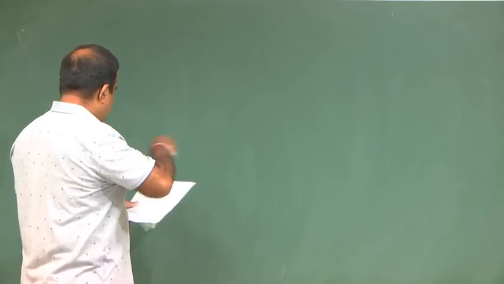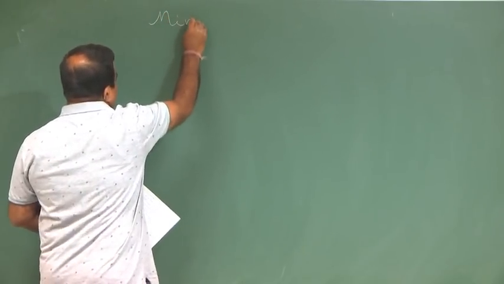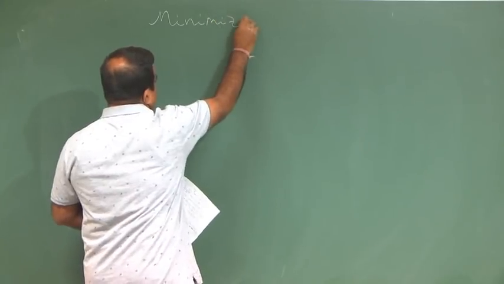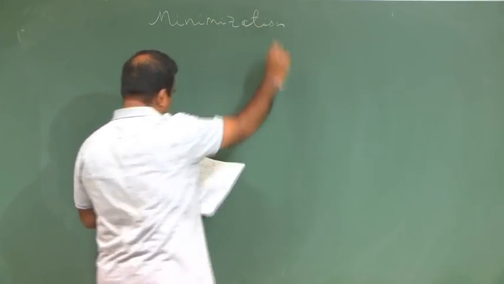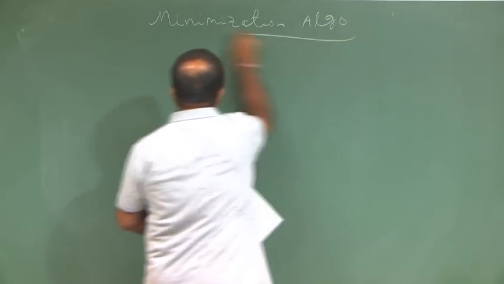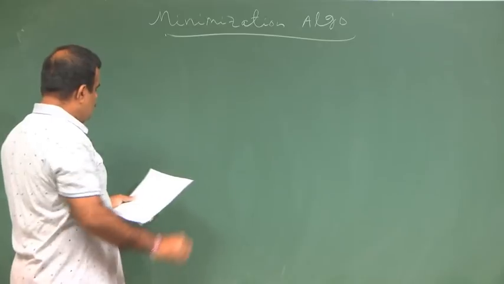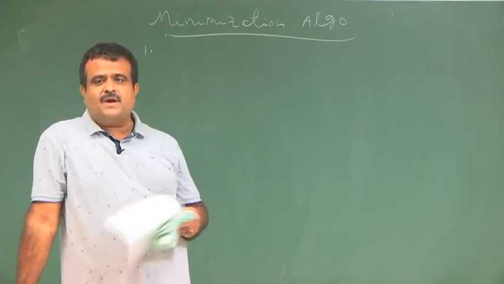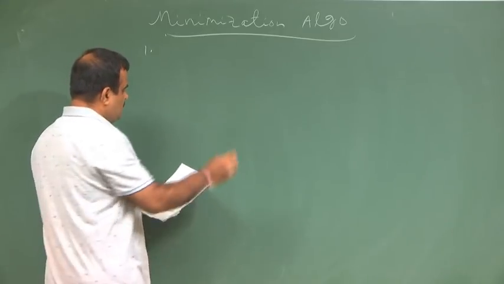Okay, so this is to find the equivalence classes in a tabular way. We can say this is a minimization algorithm. So, what do we do? We write down a table of pairs of the states, like p, q.